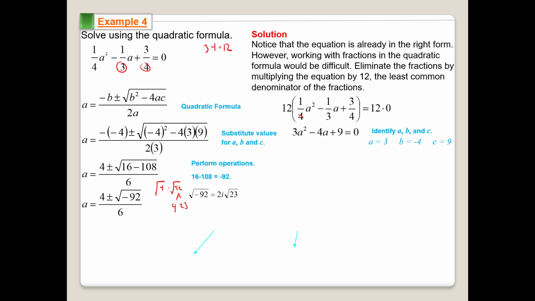A simple way to look at it is that 4 times 3 is 12, carry the 1, and 4 times 2 is 8, and 1 is 9, so 92. Then you can simply say this is 2 times 2. So 2 will come out, and you're left with the square root of 23 under there. That is how they got this right there.